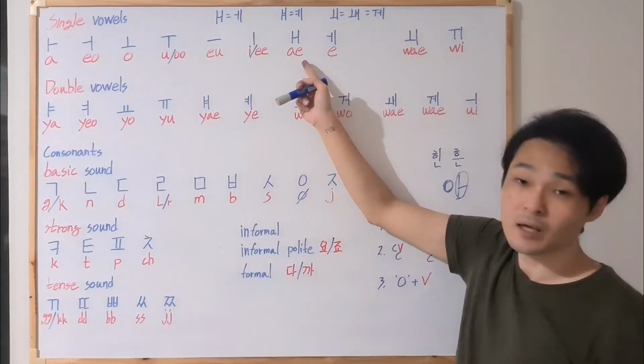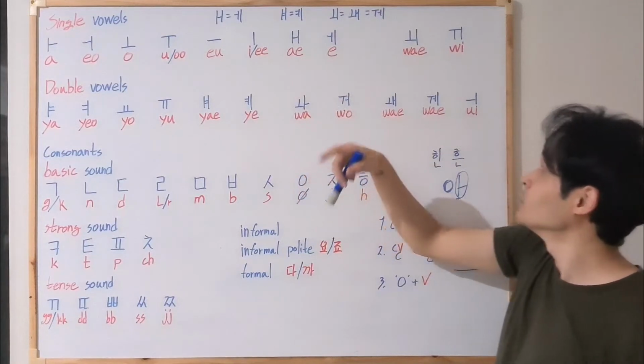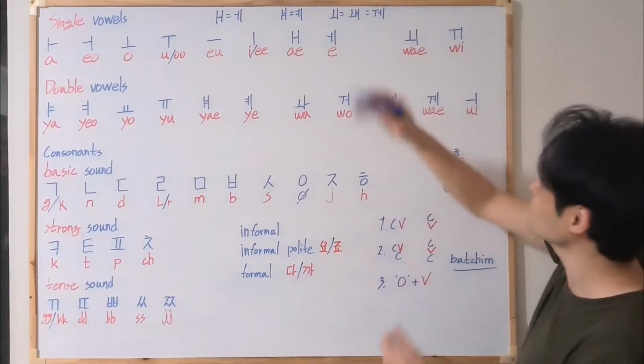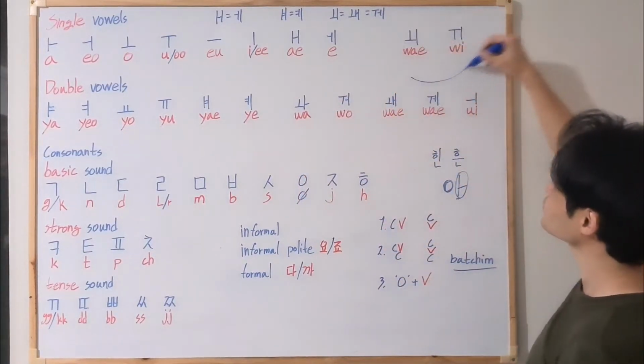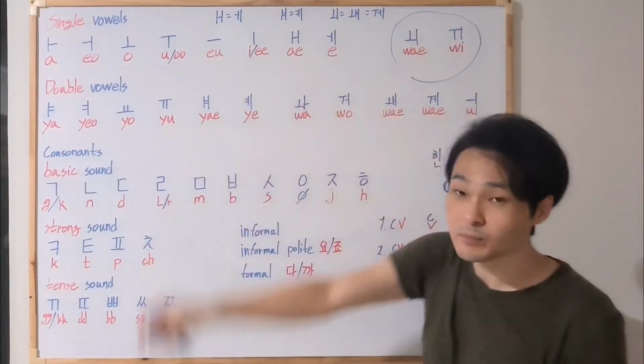Same. It's okay. 자, this one, I put separately, right? 자, these two belong to the single vowels.